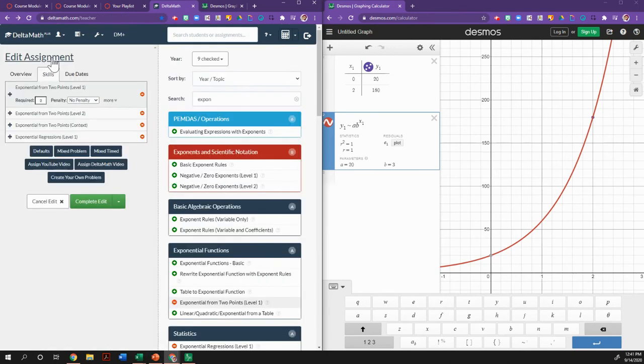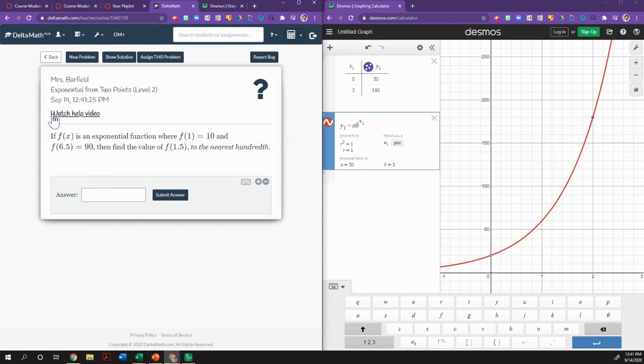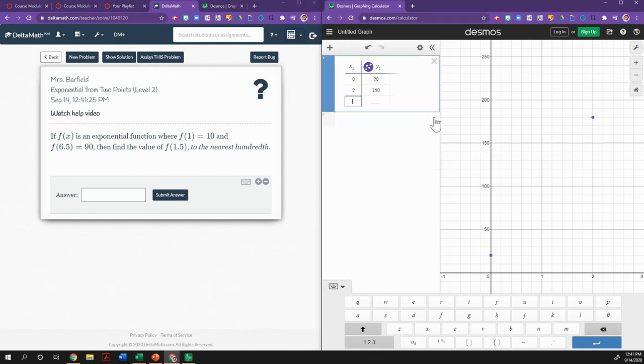Level 2's pretty similar. It says if f of x is an exponential function where f of 1 equals 10 and f of 6.5 equals 90, find the value of f of 1.5 to the nearest hundredth. I'm going to X out of here and delete my values in my table.